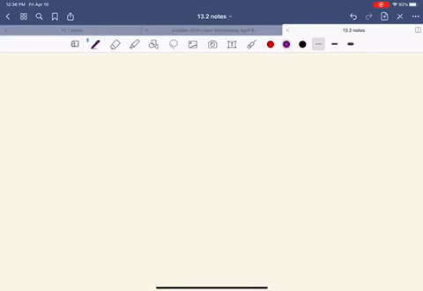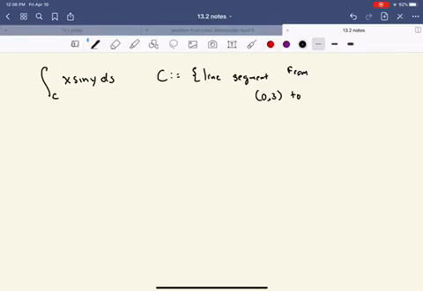So let's take the integral over a curve C of x sine y ds, where our curve is the line segment from (0, 3) to (3, 7).